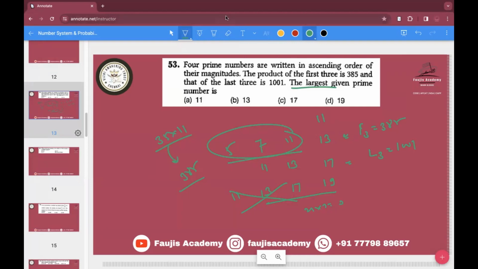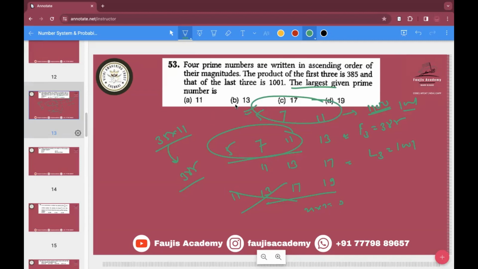Guys, look. The point that I'm trying to make over here is to eliminate it. If you do 7, 11, 5, obviously this is not going to reach 1000. It's nowhere near 1001. But when we multiplied this 7, 5, 11, we found out that this one should be the first three.